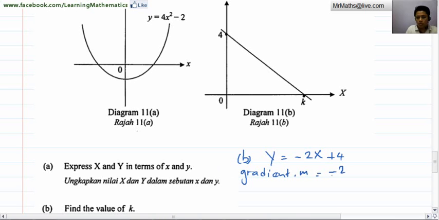So what is the gradient here? This point here is (0, 4), and this point here is (k, 0). The formula for gradient is m equals y2 minus y1 over x2 minus x1.